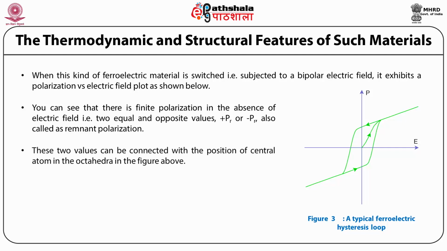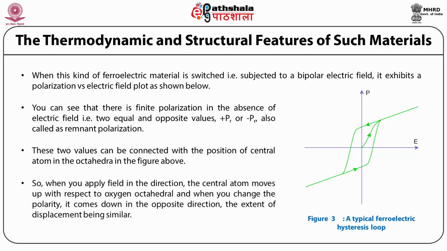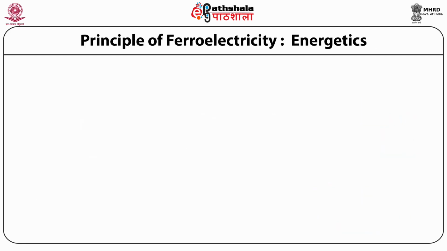These two values can be connected with the position of the central atom in the octahedra in the figure shown. When you apply a field in one direction, the central atom moves up with respect to the oxygen octahedra, and when you change the polarity, it comes down in the opposite direction.